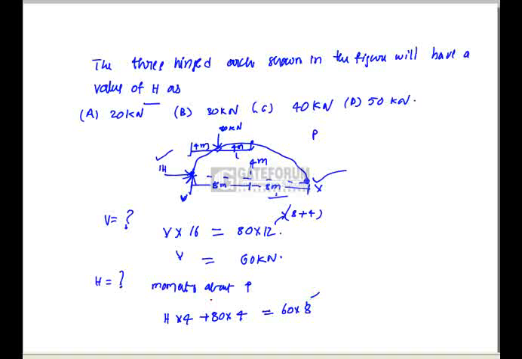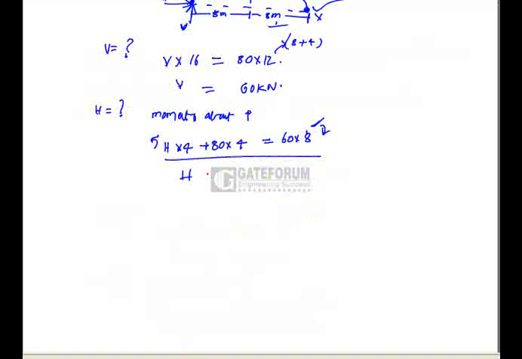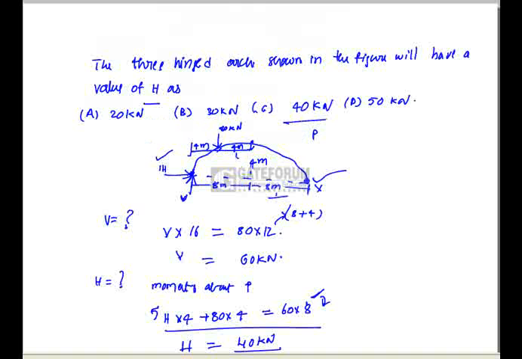This is anti-clockwise, this is clockwise. So from this equation we will get H is equal to 40 kilonewtons. 40 kilonewtons is option C.